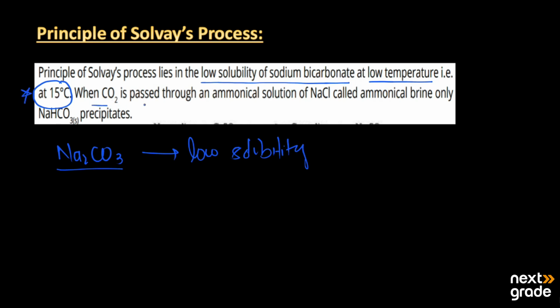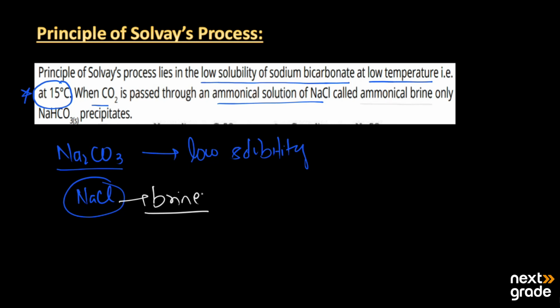So when carbon dioxide is passed through the ammoniacal solution of sodium chloride, in this we prepare a solution of sodium chloride that is known as brine, as well as ammoniacal brine. When it is prepared, we have to pass carbon dioxide through it.